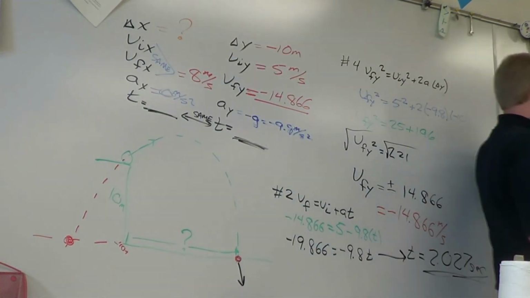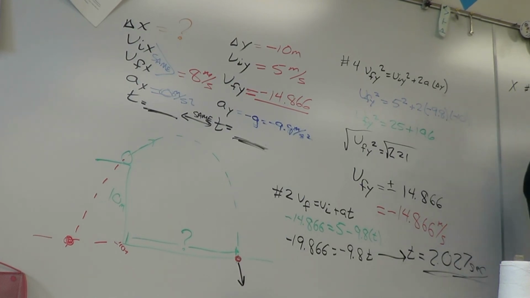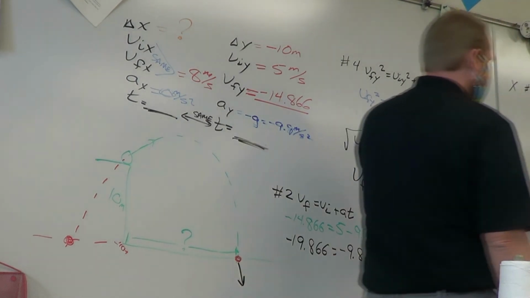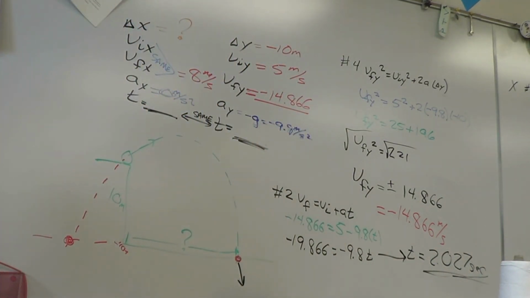This option, the time to max height and the time back down, could also work, but you have to realize that this is a separate Y column variable list than this one is. So it works. It's not maybe quite as direct, because now it's really 2 separate 1D motion problems that we're kind of combining together to then put into a projectile.